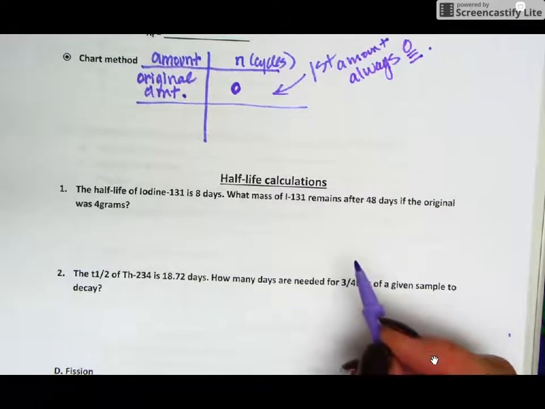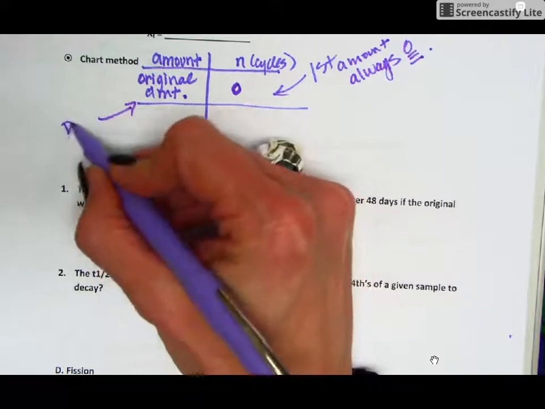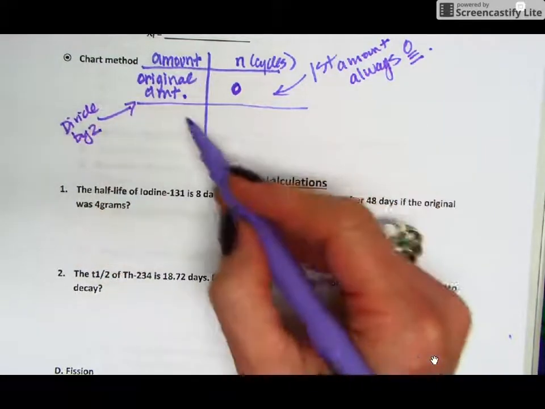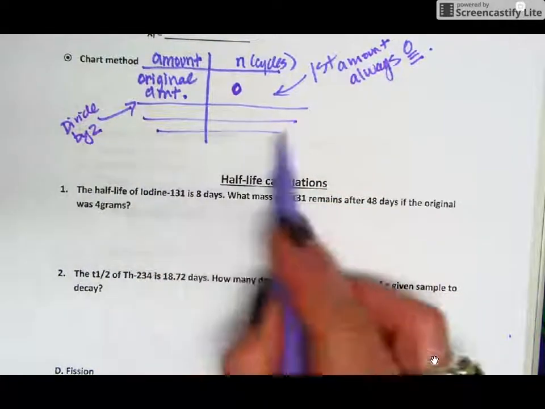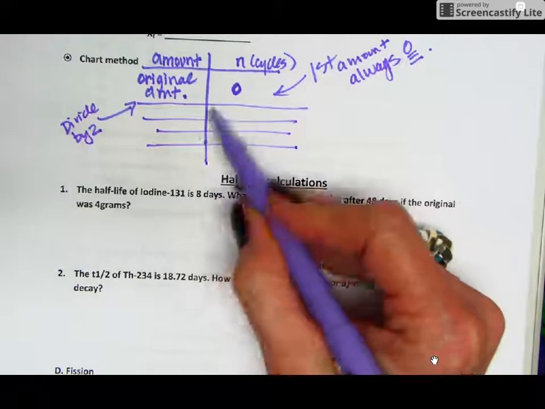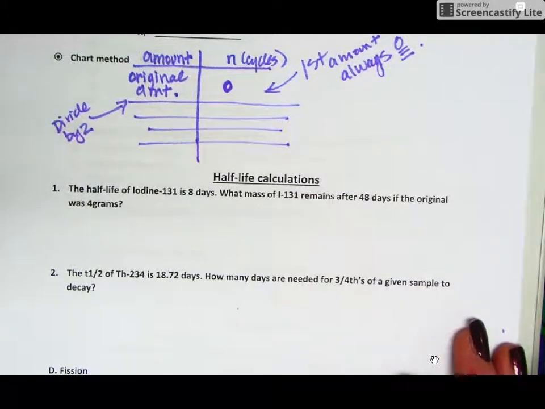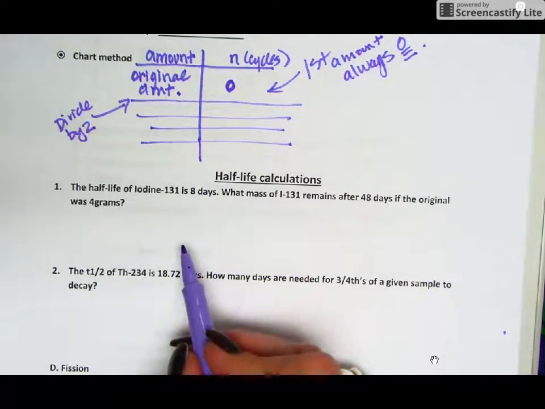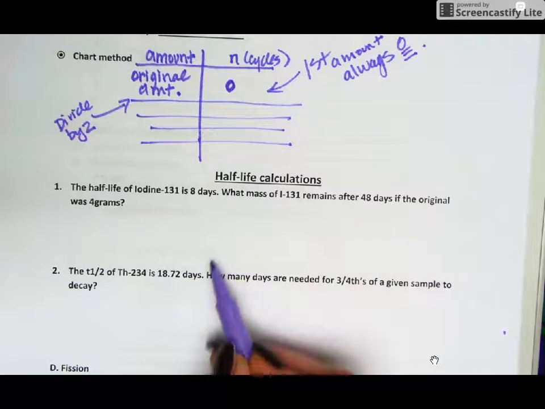All right. And so then basically you just keep dividing by 2 over and over and over again for every how many cycles you have. All right. So we are going to be working through these calculations in class tomorrow.